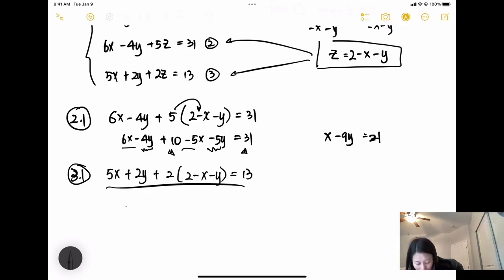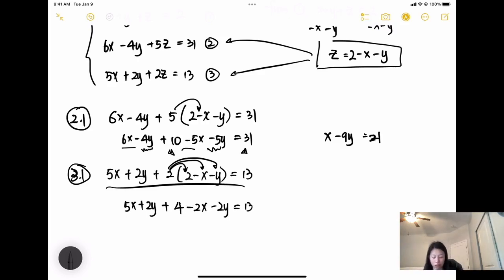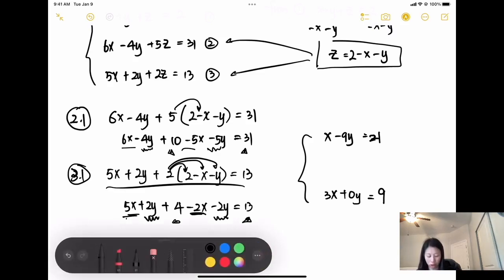And here we do the same thing. 5x plus 2y plus distribute 2 inside the parenthesis, 4 minus 2x minus 2y equals 13. Again, merge the like terms. 5x minus 2x, I have 3x. And then 2y minus 2y, ooh, you have 0, which is nice. 0y. And then subtract 4 on both sides, I have 9. So now I have 3x equals 9.